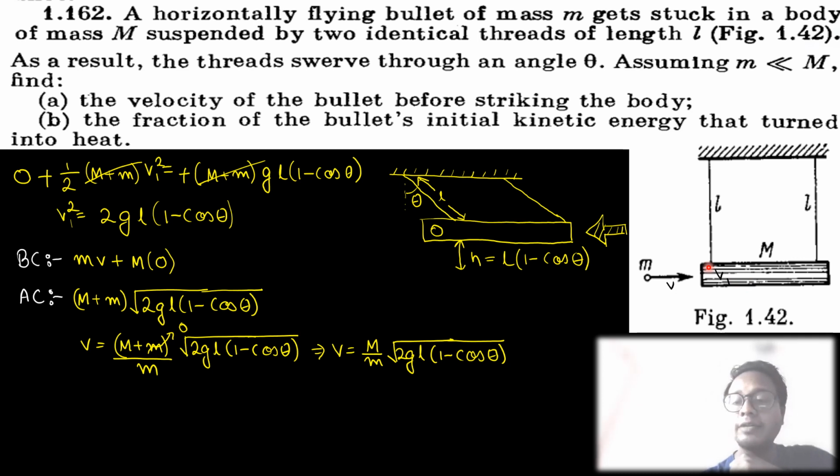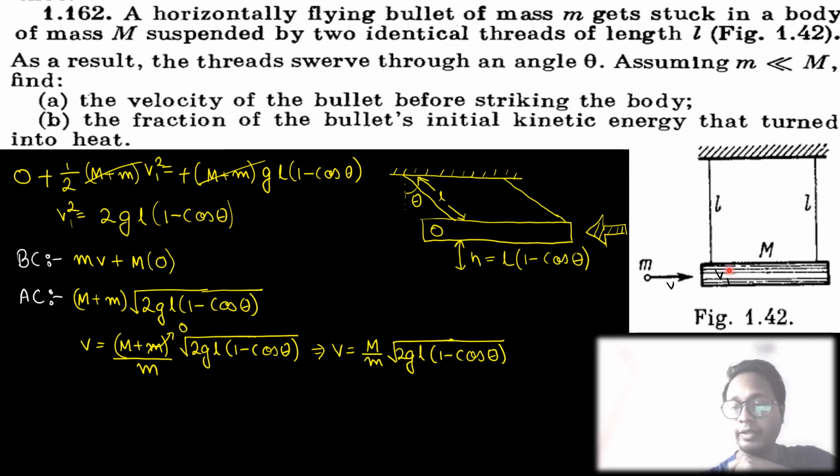And in an inelastic collision kinetic energy is not conserved, so the loss of kinetic energy is nothing but the energy that has been converted into heat, isn't it? So final kinetic energy minus initial kinetic energy. I'm not considering the final kinetic energy out here. If you consider the final kinetic energy out here, you can do that, but out here you have to subtract the work done by gravity.